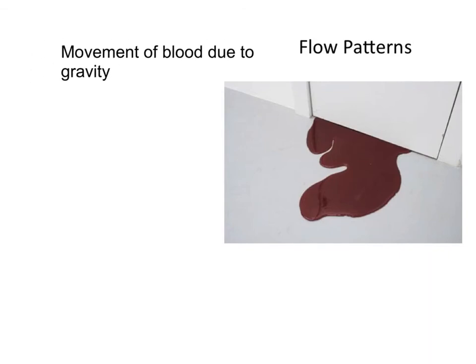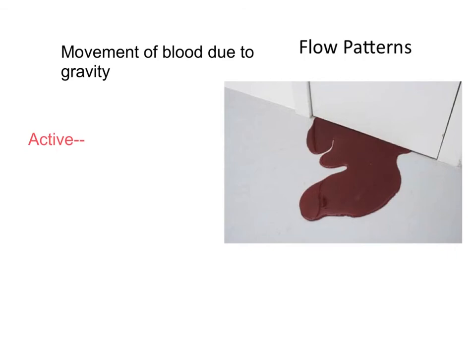Okay, and there are two types. There's active and passive. So there's active. And what do you suppose it means if it's an active blood flow?